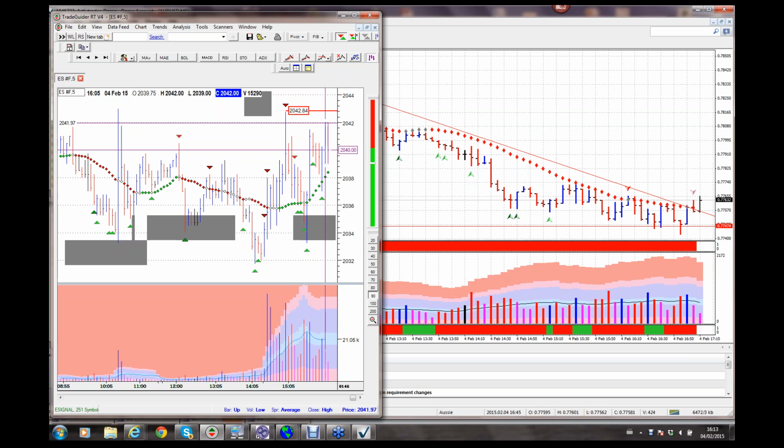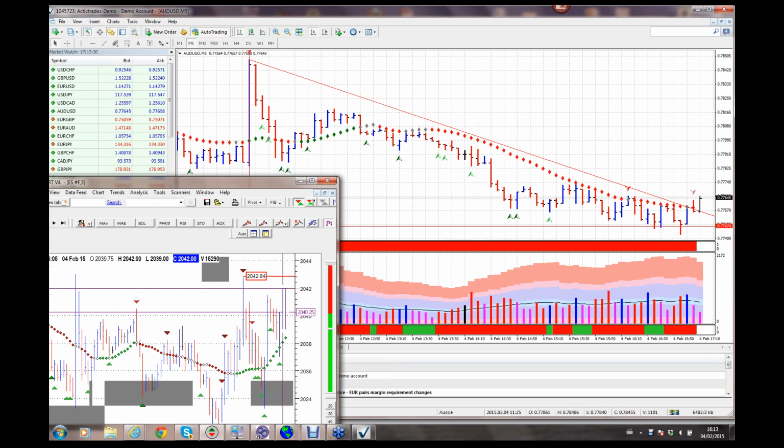Yeah, on the right here is the Aussie dollar, and on the left is the E-mini S&P, John. On the Aussie dollar here, Andrew, I took it from the first point of supply, which was the top of that bar, and then projected it out, and it hit the top of this bar.